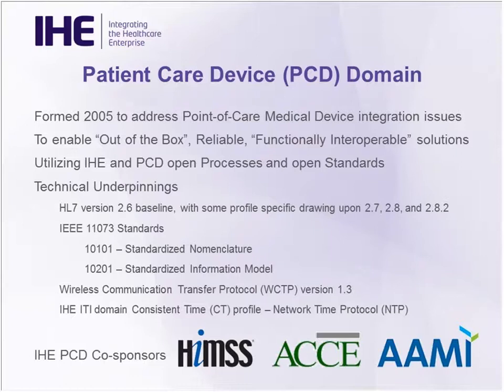Some profiles draw upon 2.7, 2.8, and for FDA UDI, we use 2.8.2. Internationally, some of the profiles are used at a much lower HL7 version level. Specifically in Japan, it's much less than 2.6. So they miss on things like body site in the observations, but they're still usable profiles.